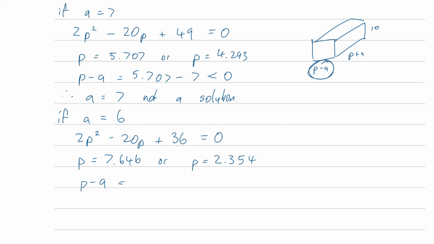If we picked a smaller one, we'd run into the same problem, right? We'd get a negative dimension. But if we chose 7.646 minus 6, we would get a positive number, right? 1.646. Therefore, a equals 6 is a valid solution.